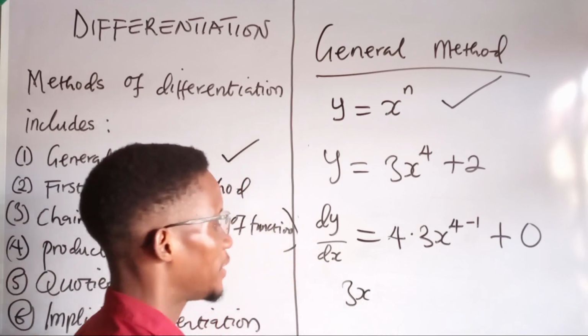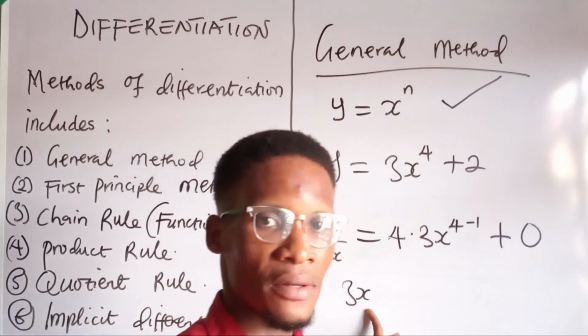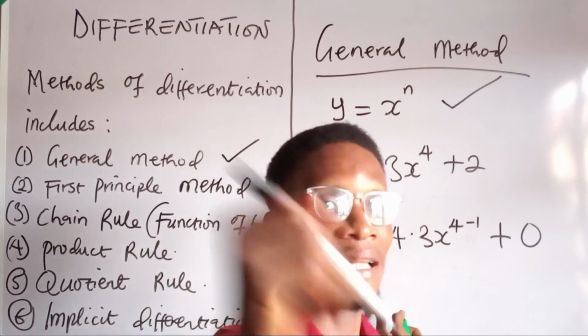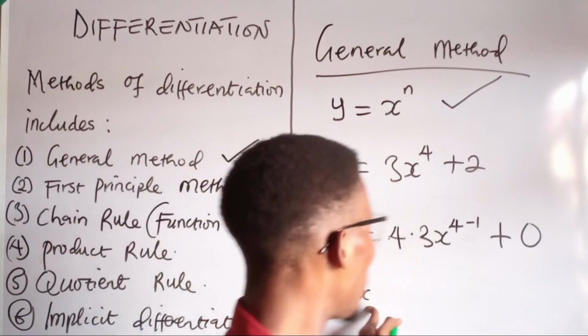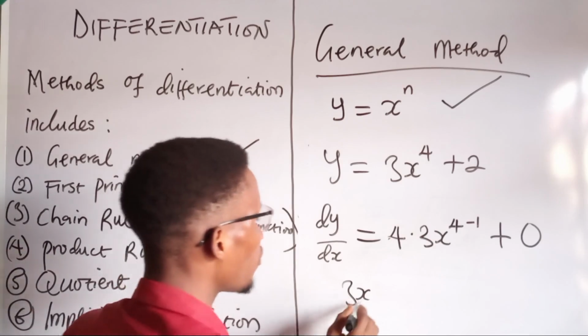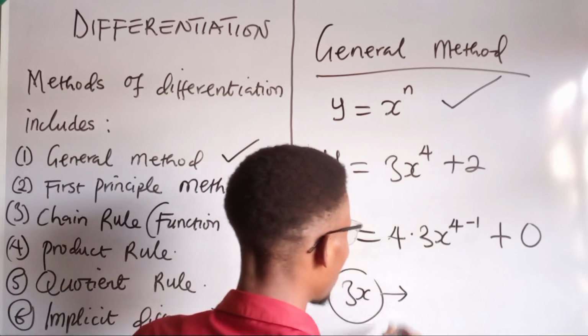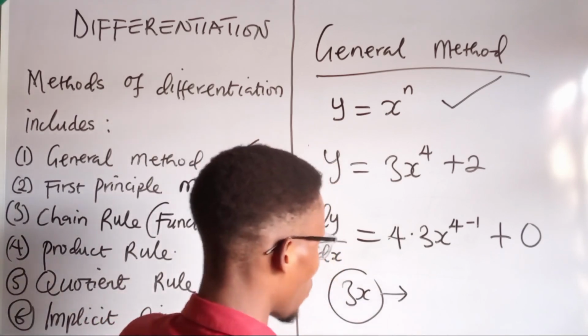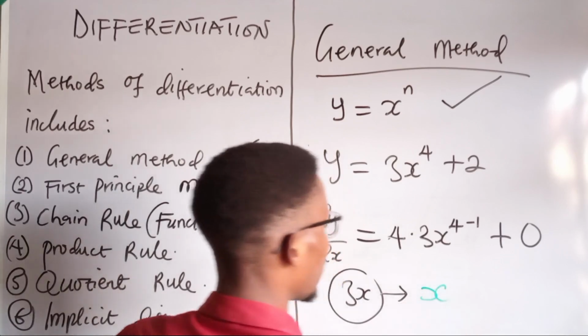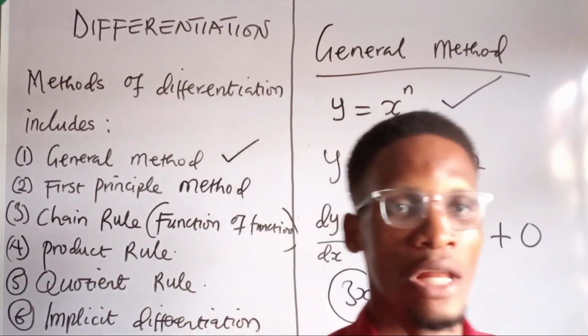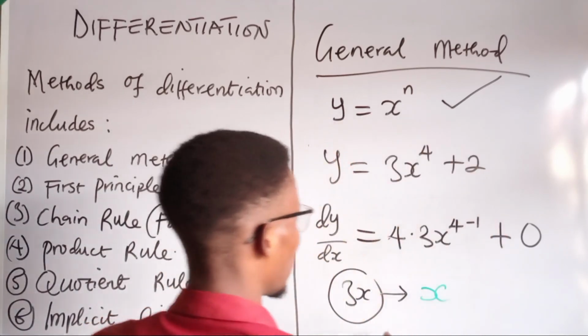3x is not a constant because there's a variable attached to 3. So the value of the whole thing will be with respect to the value of x. Let's say x is given as 3.